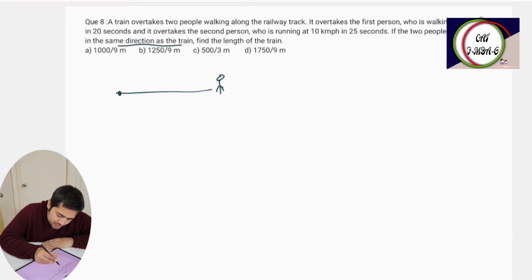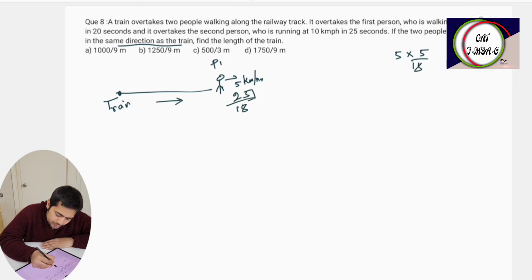Let us say this is the train, moving like this, and person 1 is moving at 5 kilometer per hour, or converting, 5 into 5 by 18, so 25 by 18 meter per second in this direction.